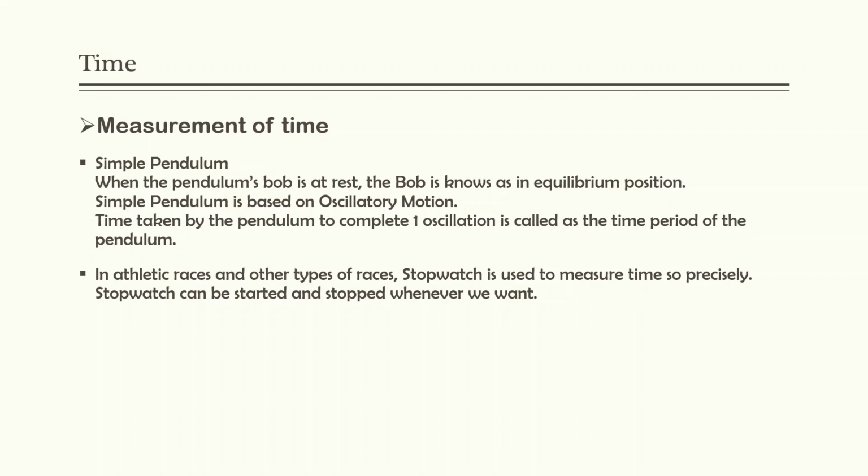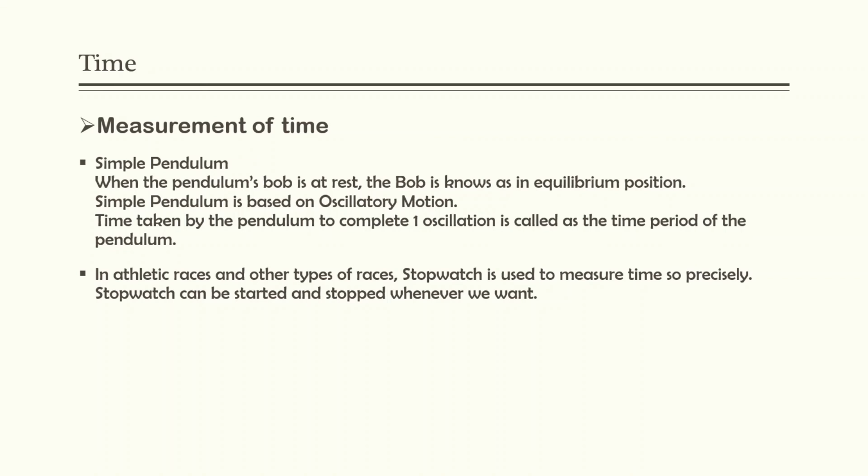The movement of the pendulum bob from one extreme end to the equilibrium and to the other extreme, and again to its mean position and then finally back to the initial extreme position is called one oscillation of the pendulum. The time taken by the pendulum to complete one oscillation is called the time period of the pendulum.